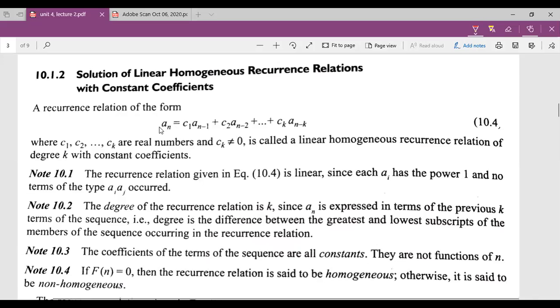To calculate the degree, take the difference of the greatest subscript and lowest subscript. Here the greatest subscript is n and the lowest subscript is n minus k. The difference n minus n minus k, so n cancels, the degree is k. So the degree of this relation is k.